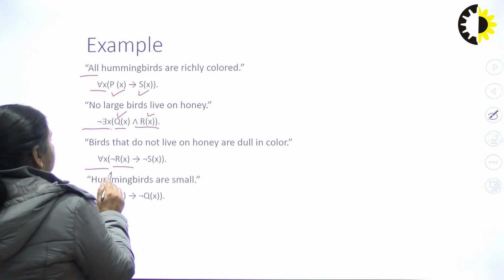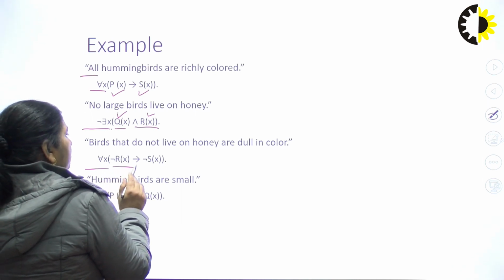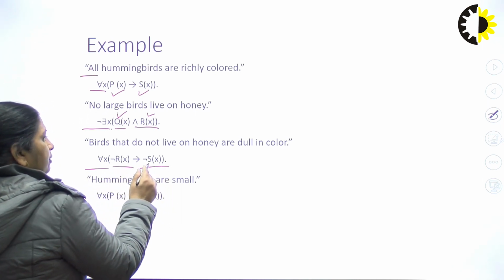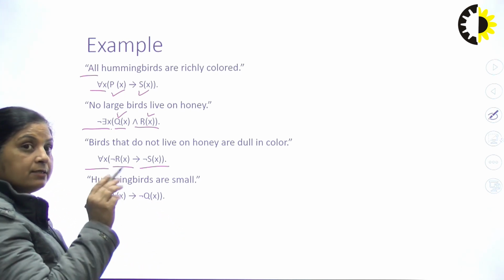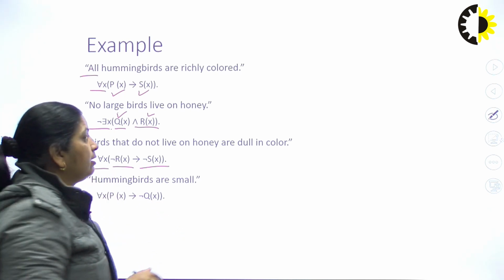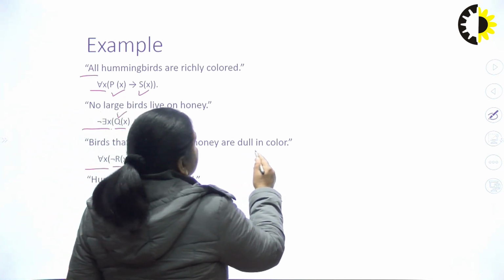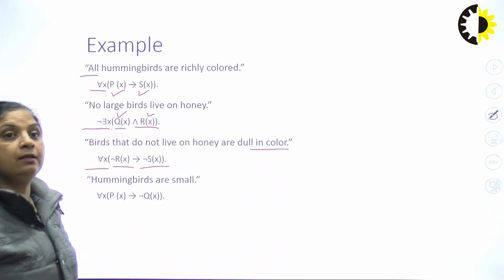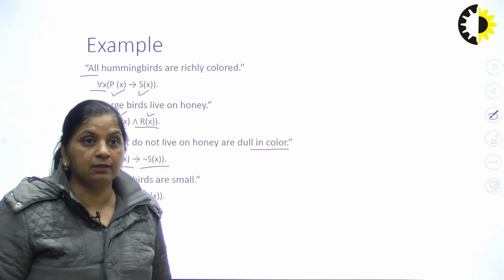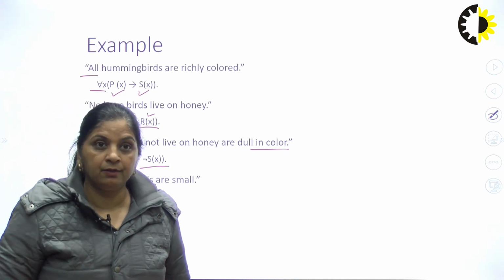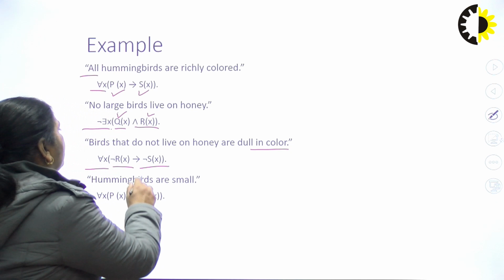So for all x, not Rx implies not Sx. Why? Because Sx is rich in color, and dull in color means negation of rich in color. So dull in color is not Sx.